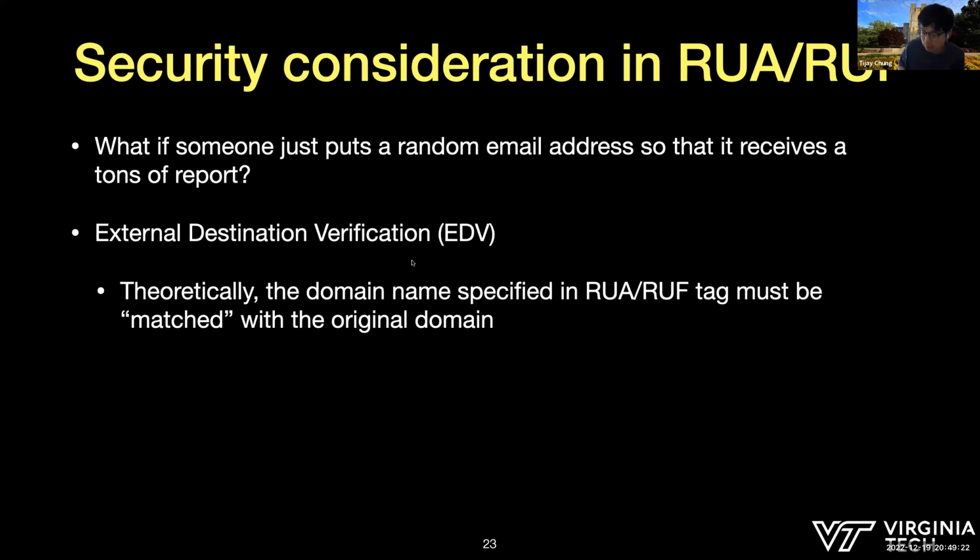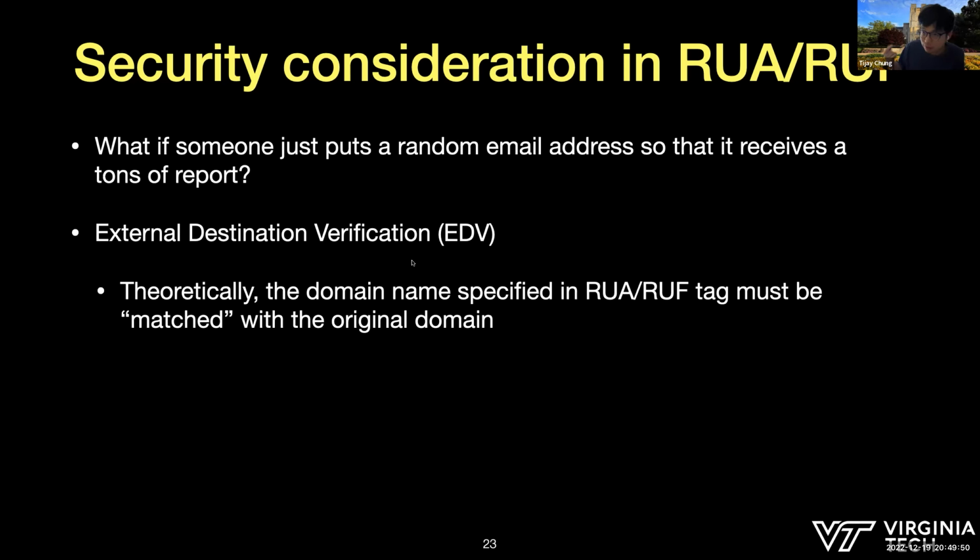So for example, let's say I intentionally put many different victim email addresses in my rua tag, addresses that do not actually want to receive the report, right? In that case, the reporter has to check whether the email addresses specified in the rua tag are actually willing to receive the report, okay?